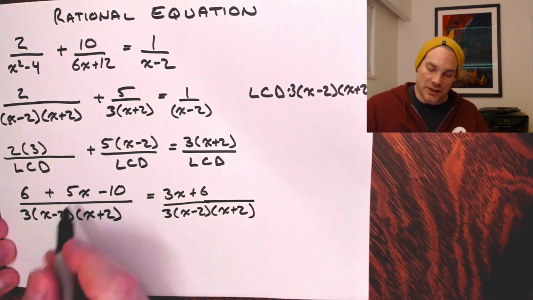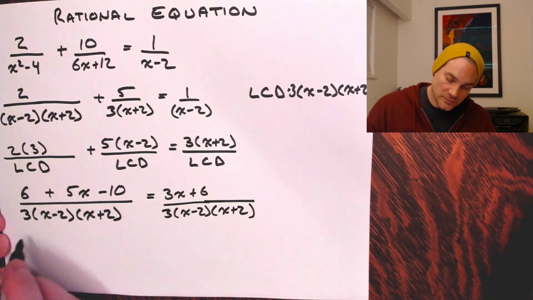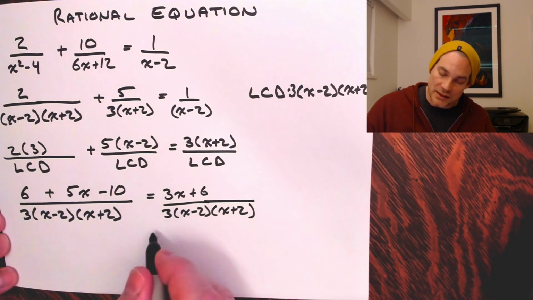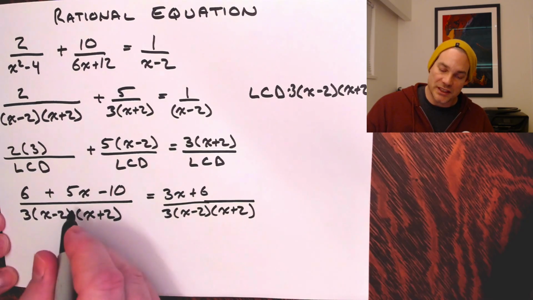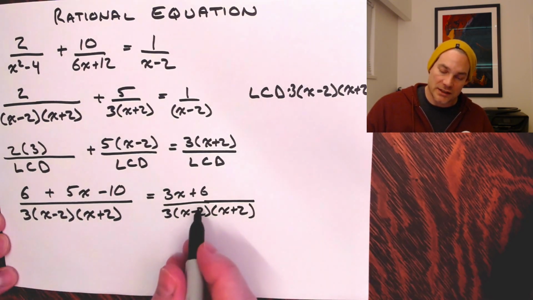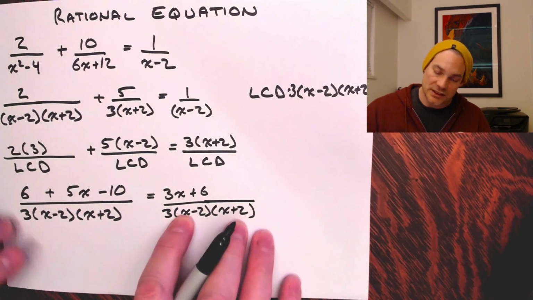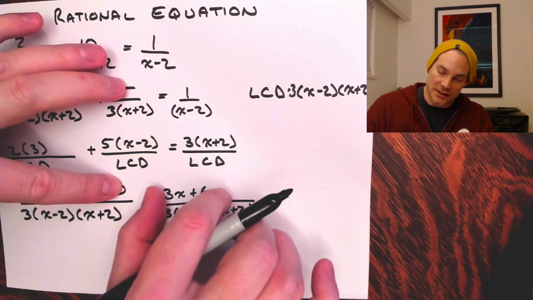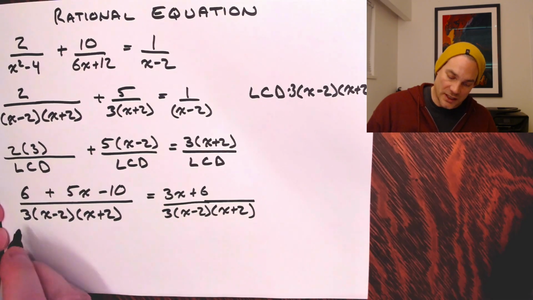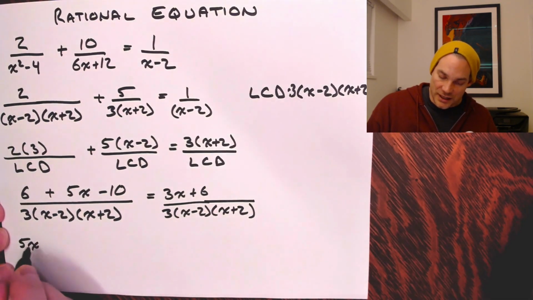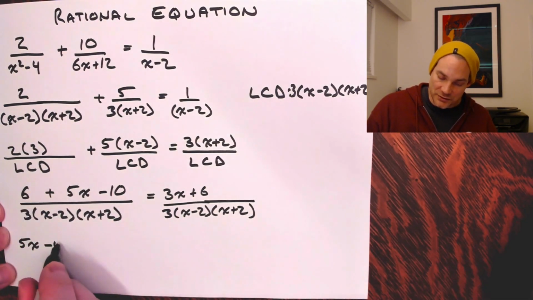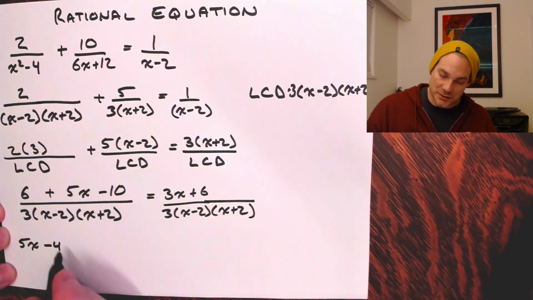So now I can group this, and I can subtract this whole term and move it to the other side. Because the denominator is the same, it's the LCD, I can take this and subtract this from it. So I have 5x, and I group these, that's minus 4, so 6 minus 10 is minus 4.